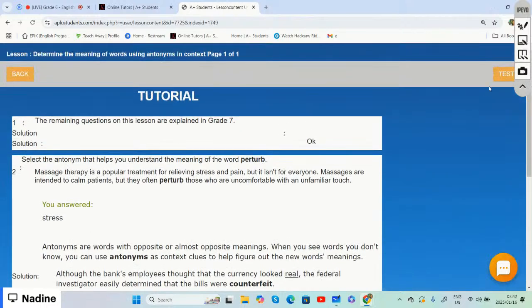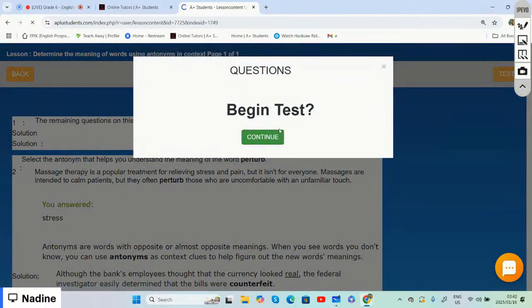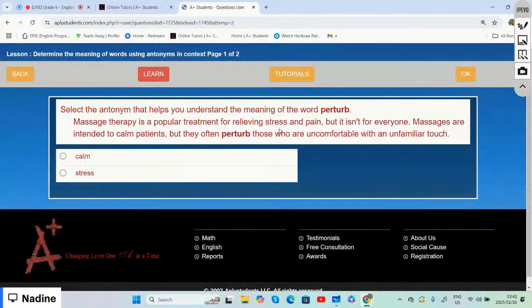All right, so now let's go to our test where we are going to determine the meaning of words using antonyms, the opposite in context.